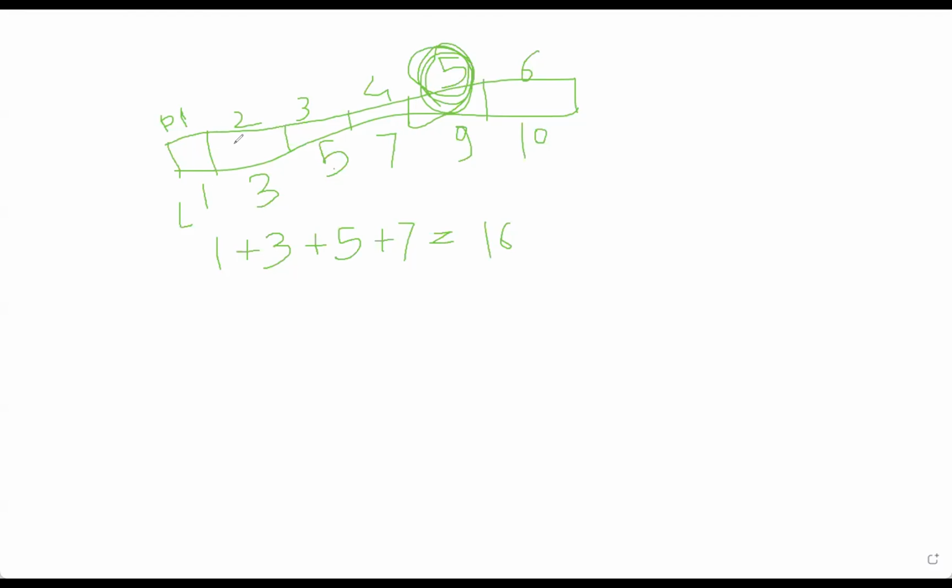Retrieval time for P2 is 1. Retrieval time for P3 is 3 plus 1, equal to 4. Retrieval time for P4 is 5 plus 3 plus 1, equal to 9. Retrieval time for program 5 is 7 plus 5 plus 3 plus 1, equal to 16.